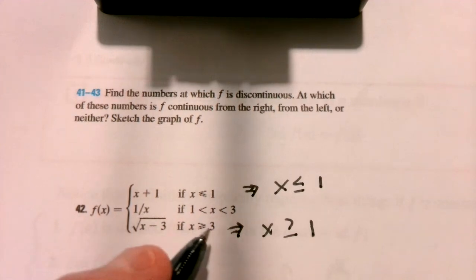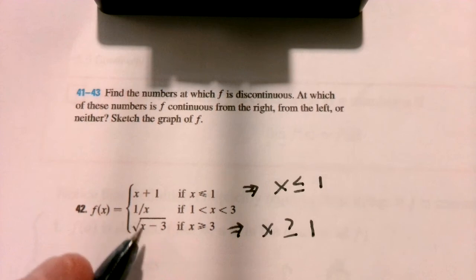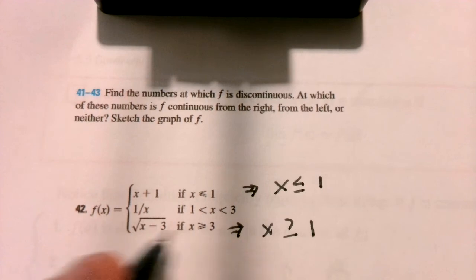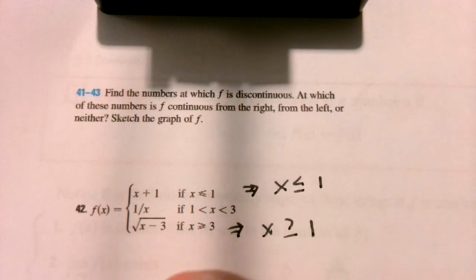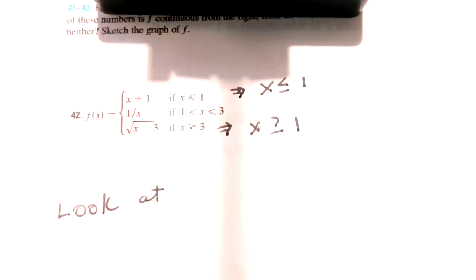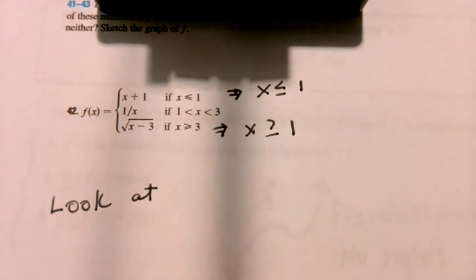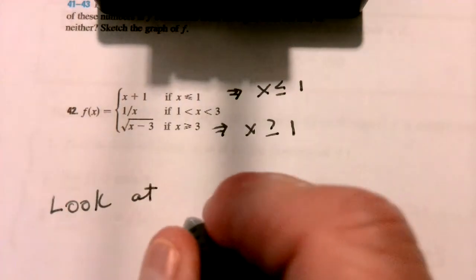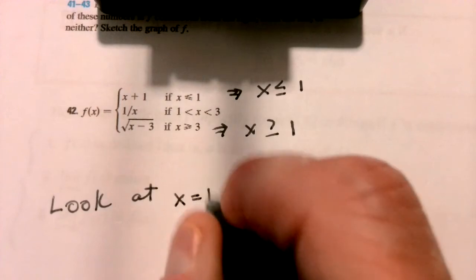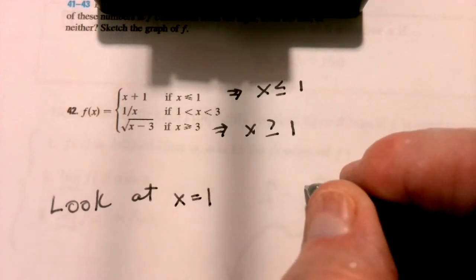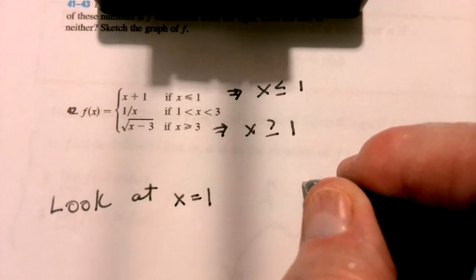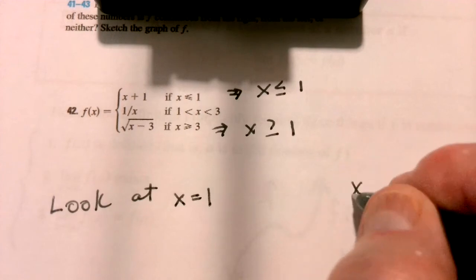And this is continuous as long as x is greater than or equal to 3. If it's less than 3, it's not defined there. So the places to look are where it changes pieces. It changes pieces at x equal 1, and then it changes pieces again at x equal 3.